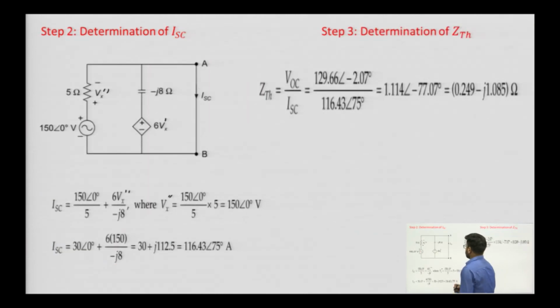Now, to find the short circuit current, we short circuit this, and we get the value of short circuit current as the current which is flowing there.